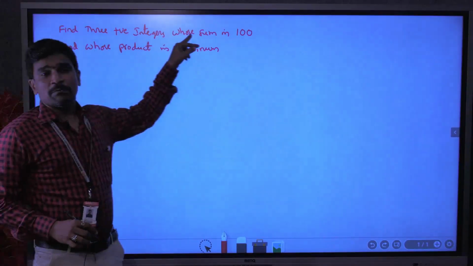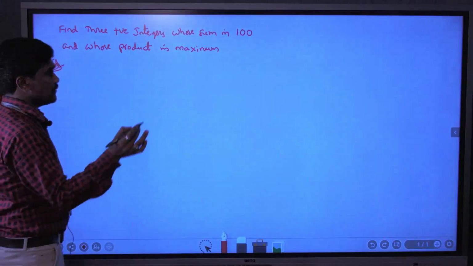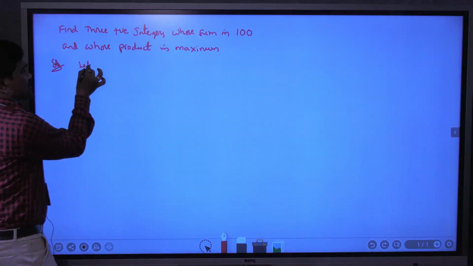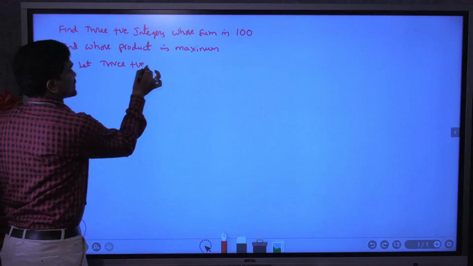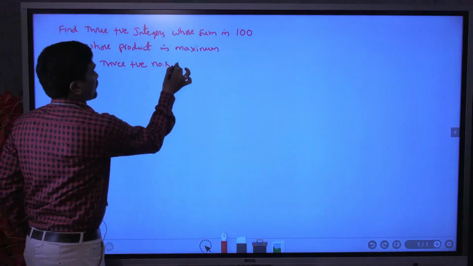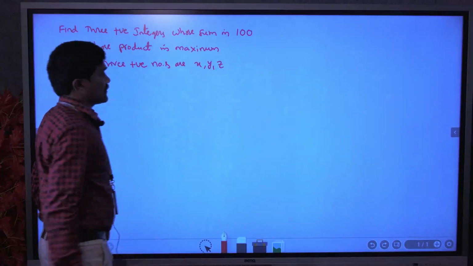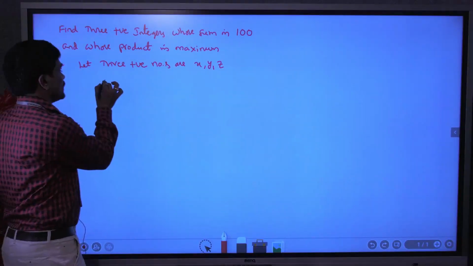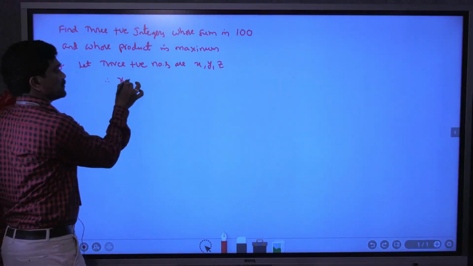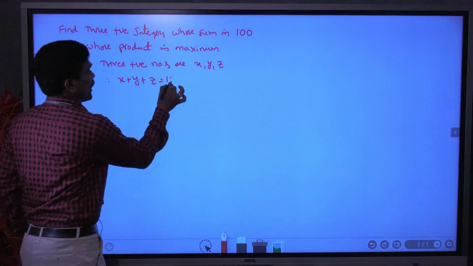Now what is here? 3 positive numbers, so then sum is 100. First of all, let the 3 positive numbers be x, y, z. By the given condition, the sum of the 3 positive numbers, x plus y plus z, is equal to 100.